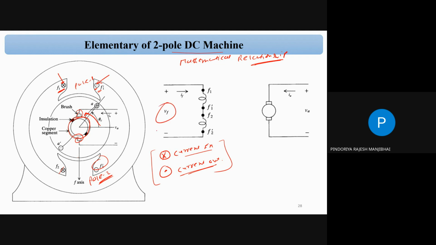We can set the supply voltage, field voltage, and armature voltage, and these are for the separately excited motor. You can see F1 dash, F2 dash, because of the two poles: first winding input and output, second winding input and output. So this one is the equivalent circuit.